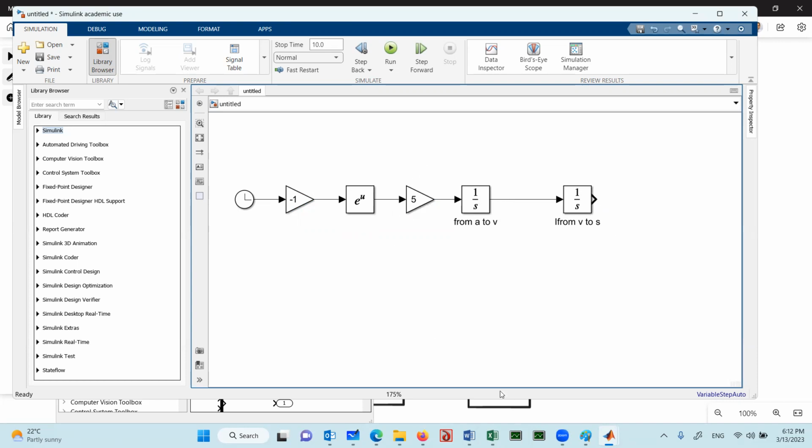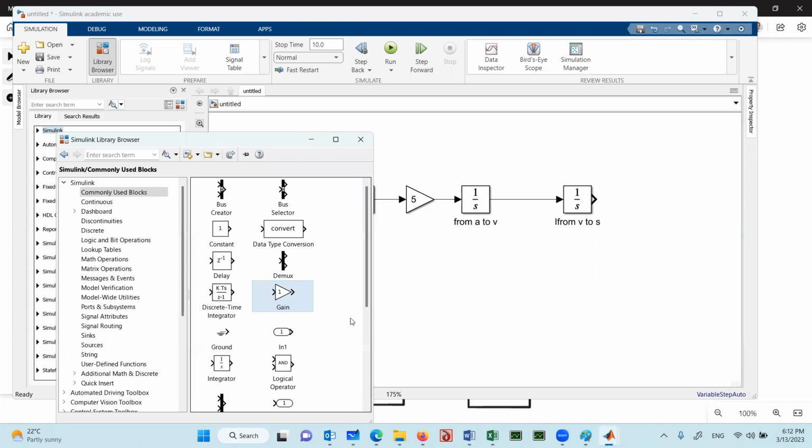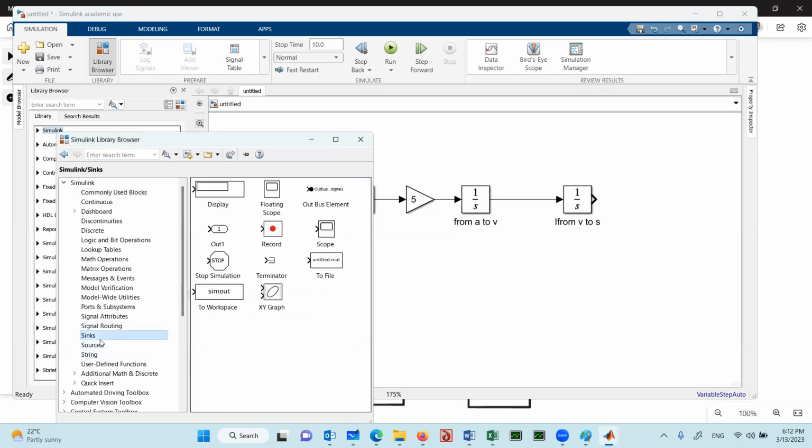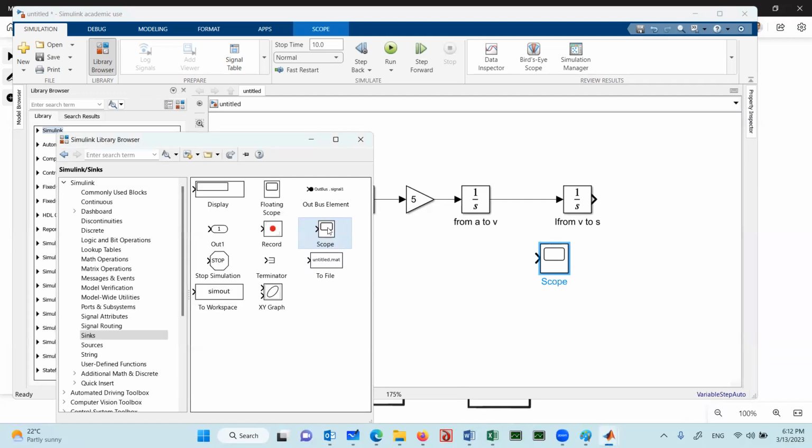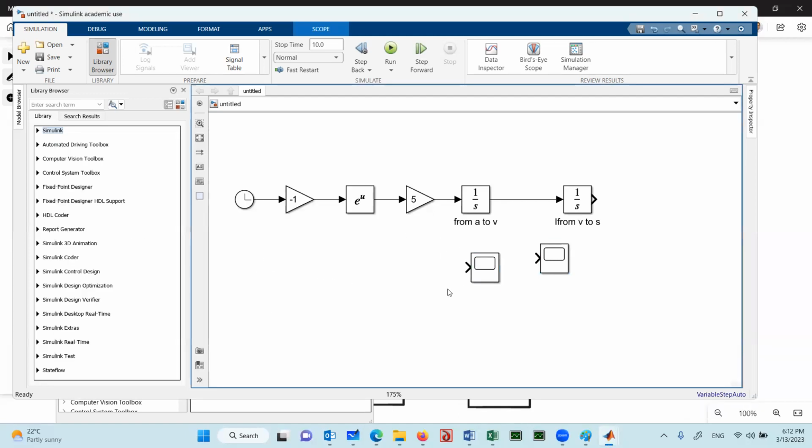Now, to see what happened here, we need to go to, I think we have here scope. We have one scope here and another scope there. Here we have velocity, and here we have the other one.